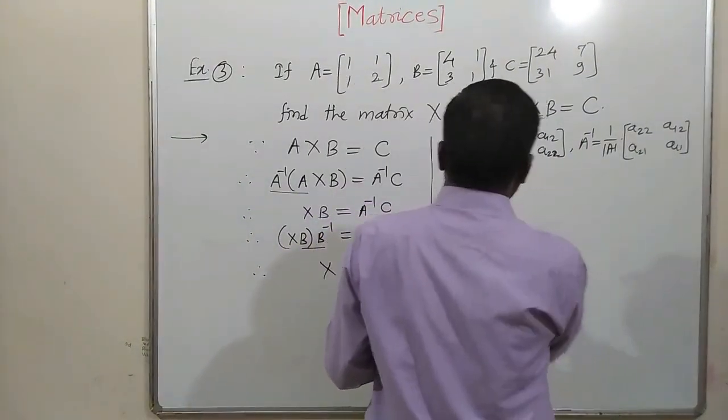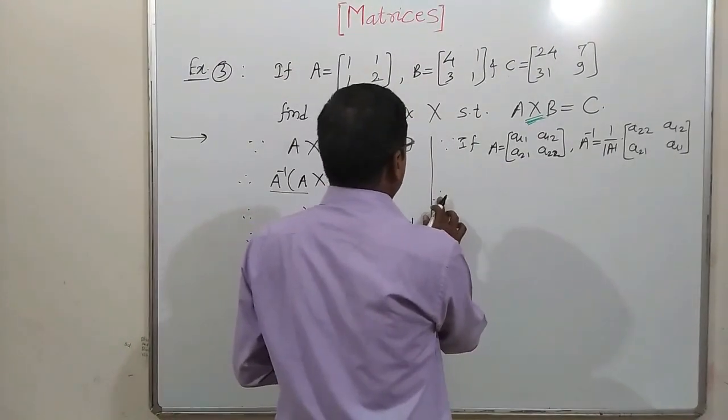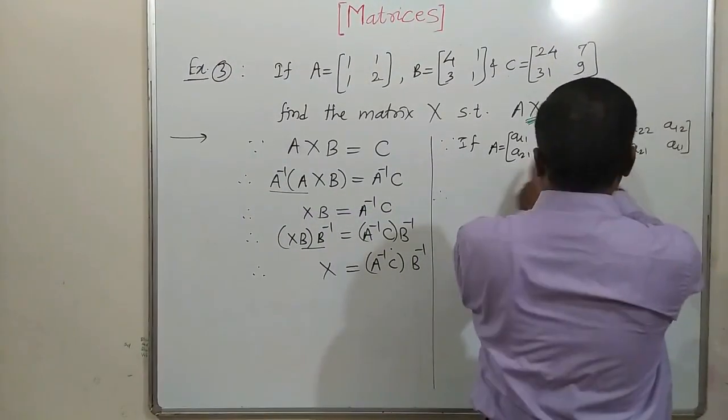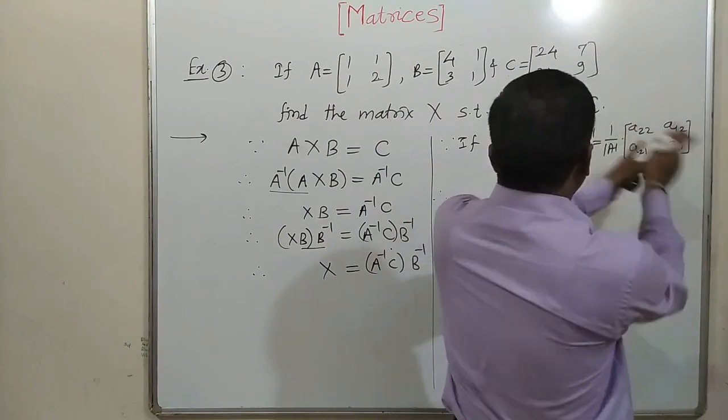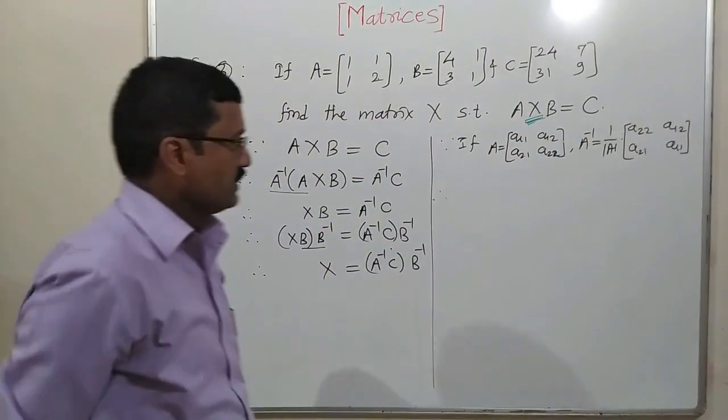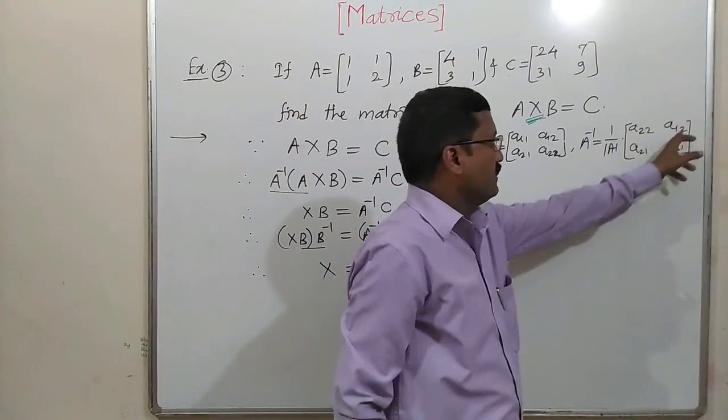Means there will be no change in these two elements, A12 and A21. Only the diagonal elements are interchanged and the signs of these two elements are changed.